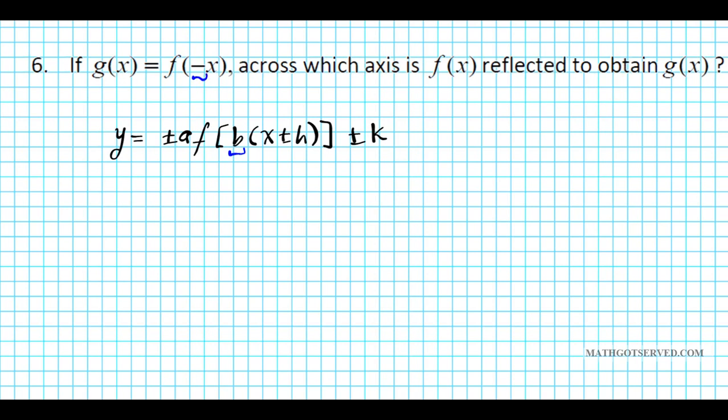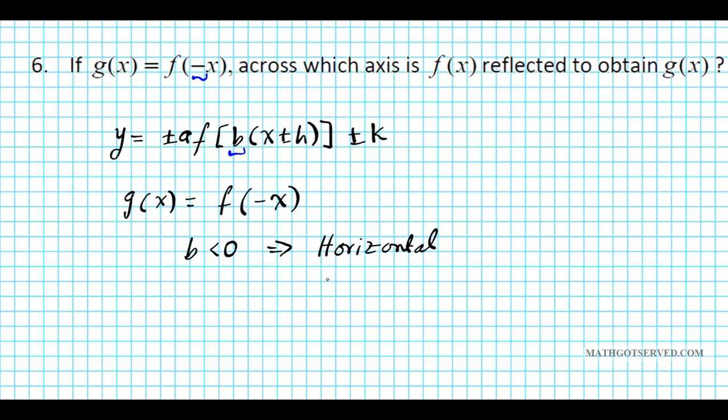So for g of x, which is f of negative x, what we have here is b is less than 0. B is negative. So if b is negative, we have a reflection. What kind of reflection do we have? This implies a horizontal reflection.